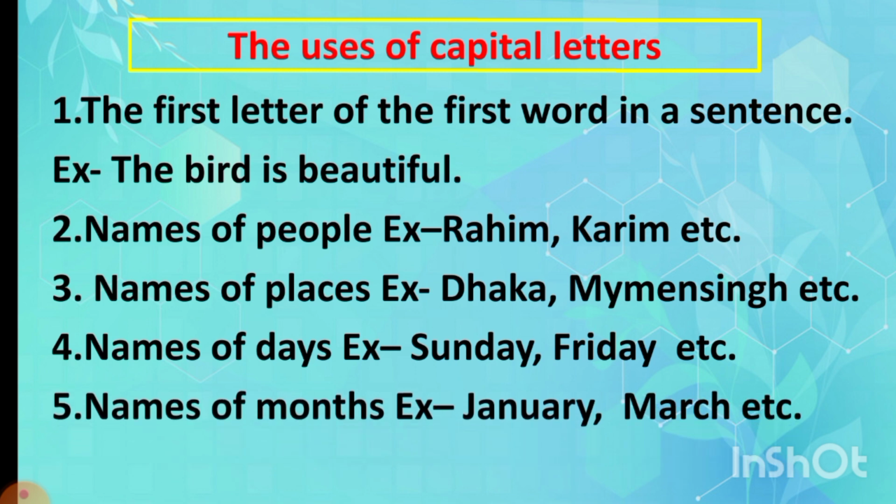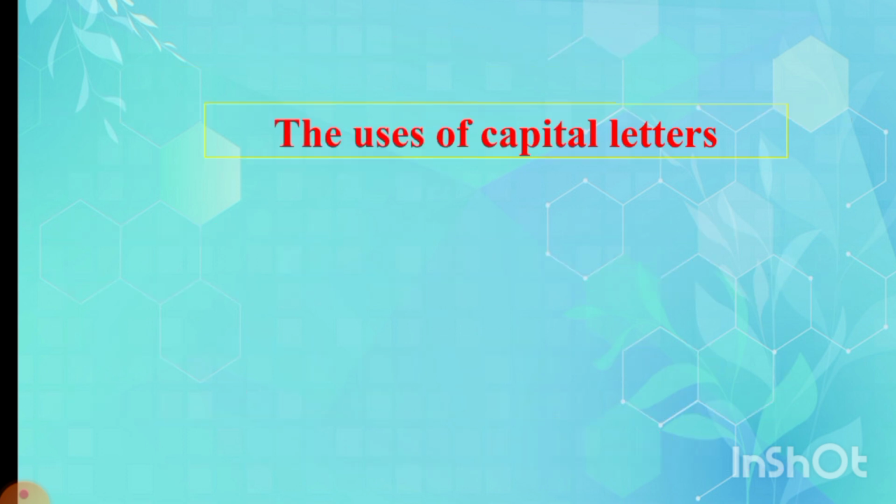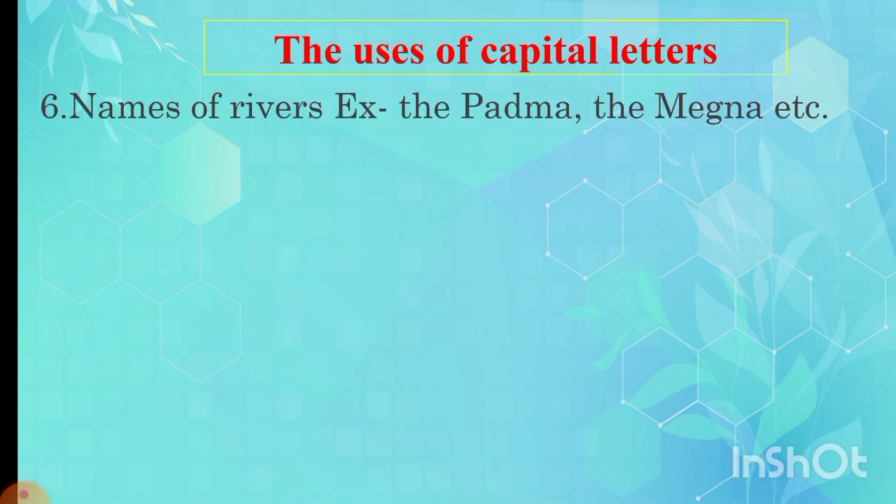Number 5, the names of months. Names of months will also start with a capital letter. So January and March, here January J and March M, capital letters. Then names of rivers.